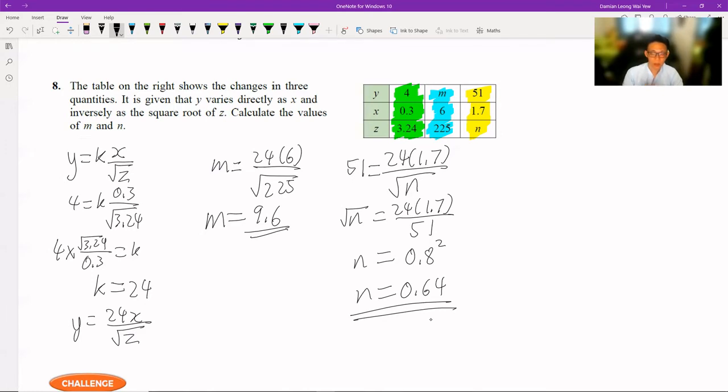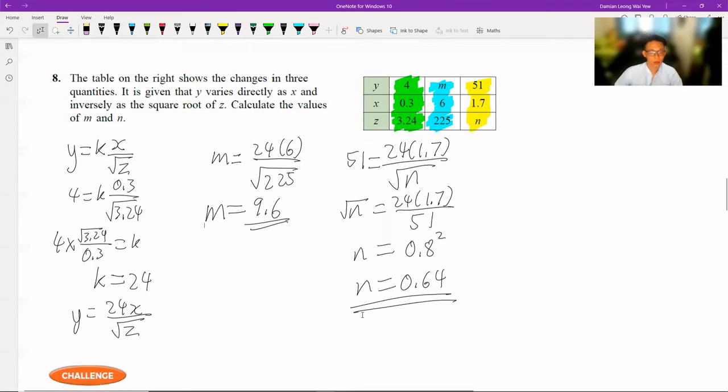So the basis of this chapter is basically to always form the equation that relates your variables, and use that equation that you form.